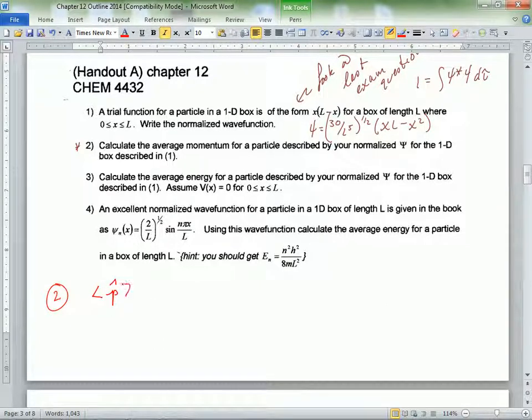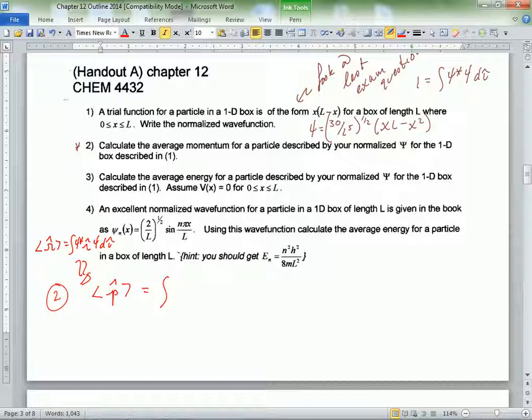Momentum was p hat. Just so you don't forget, this is the format I'm copying: psi star. Everyone agree? All right, here's my observable. We put it in the middle.